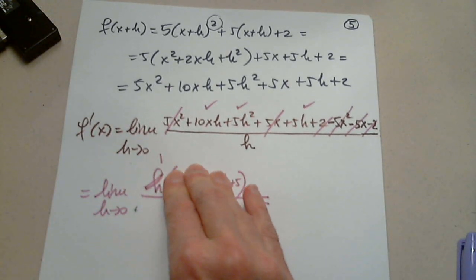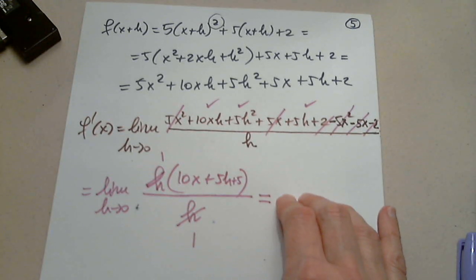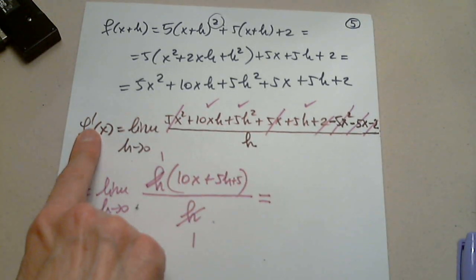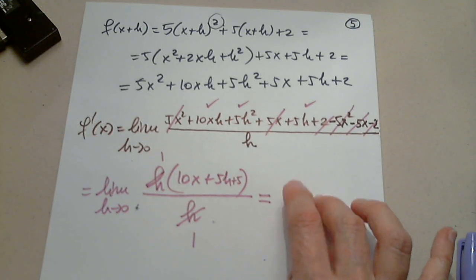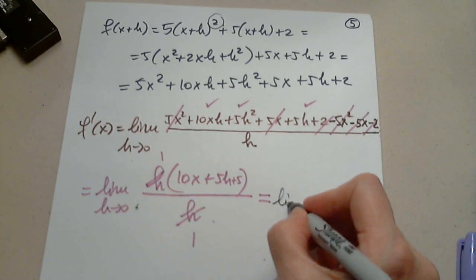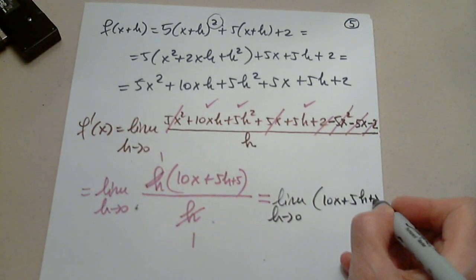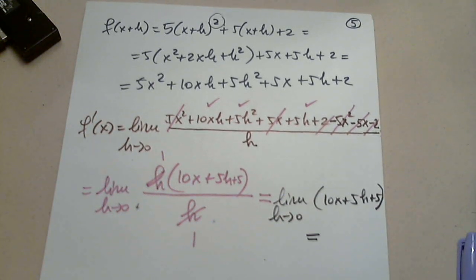Limit of this when h approaches 0. And I'll write it. It has to be a function. We expect a function. It's okay if you're wrong. I can write it one more time. 10x plus 5. That's it.